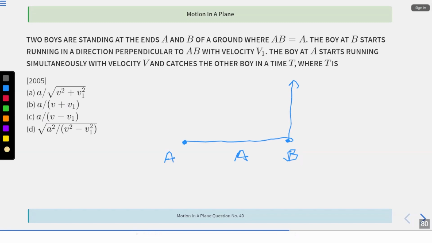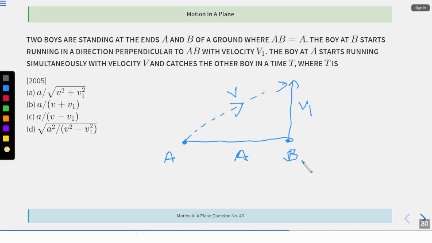So this is V1. The boy at A starts running simultaneously with velocity V and catches the other boy. If he has to catch the other boy, he can't run like this. So he will run in this direction to catch him. So this is the velocity V and the time T.